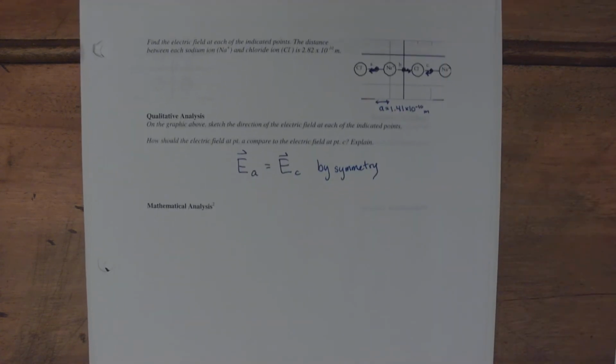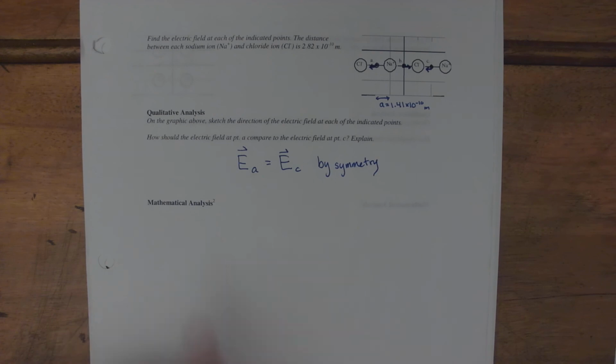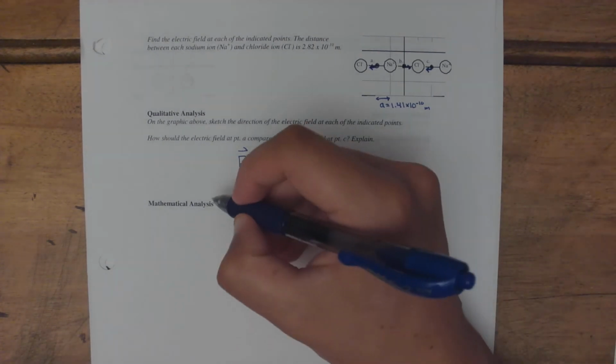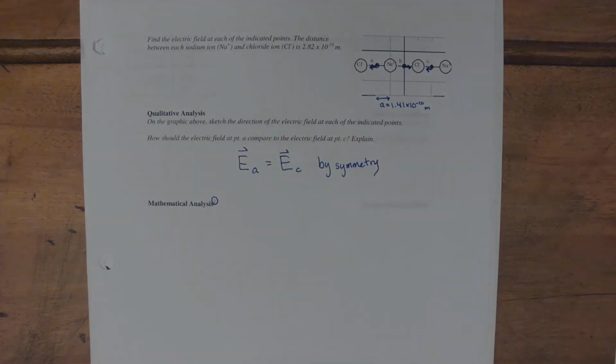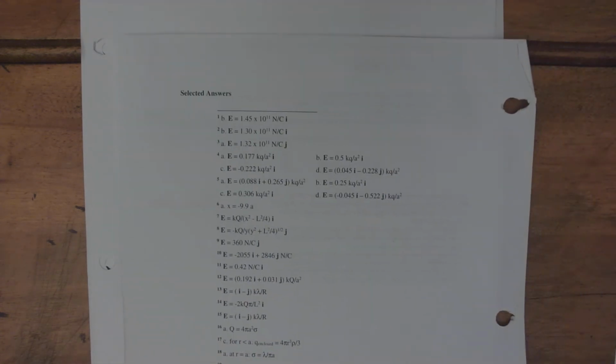Okay, so now I can go on to the mathematical analysis. The superscript 2 here means that the answer is given to you in the back of this section. So if you turn to the last page of the electric field, or go to the last page of the PDF file for the electric field, here are selected answers.